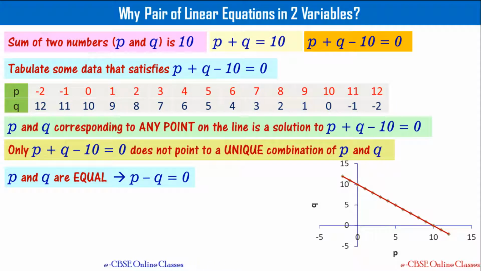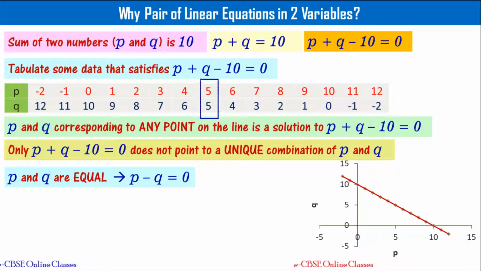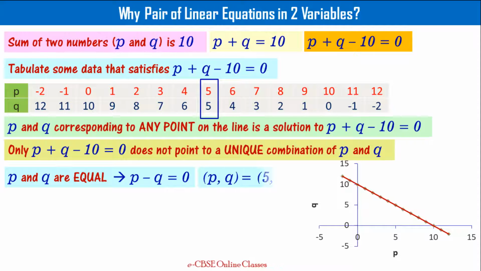When you put these two equations together, you say that p is going to be 5 and q is going to be 5. So we are talking about a unique combination of p and q, that is 5 and 5, right?